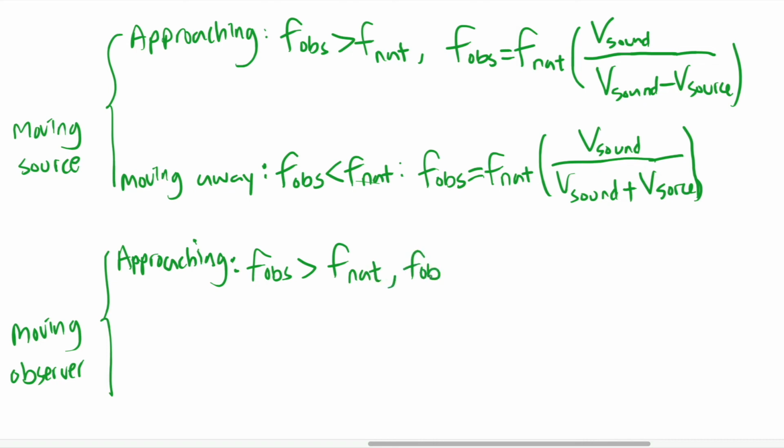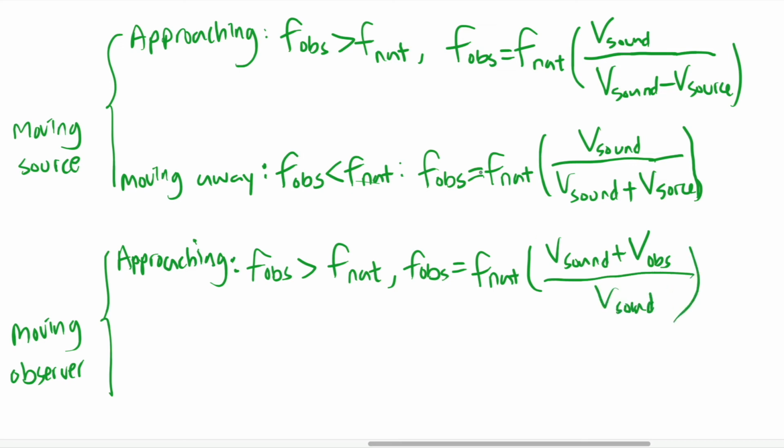And the observed frequency is equal to the natural frequency multiplied by the velocity of the sound plus velocity of the moving observer divided by the velocity of the sound. Sorry for my horrible handwriting.